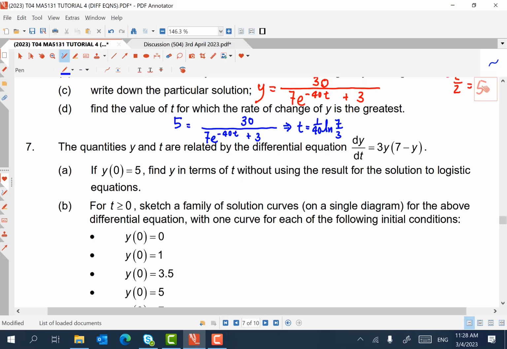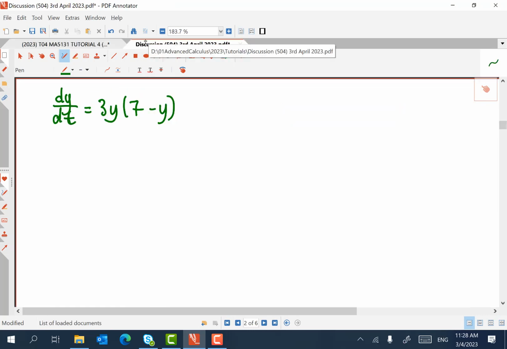Okay, let me make sure it's correct first. Okay, Kayet, they say start from scratch. Kayet, please. How do we start off? It is variable separable.